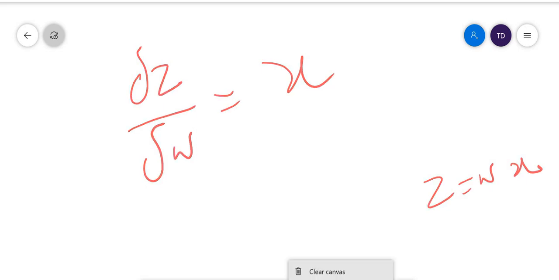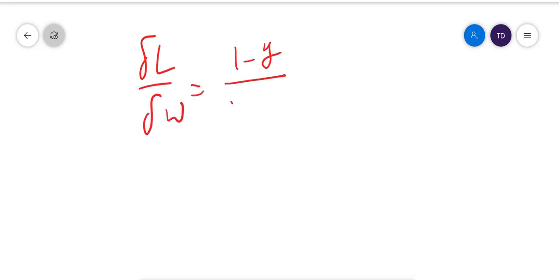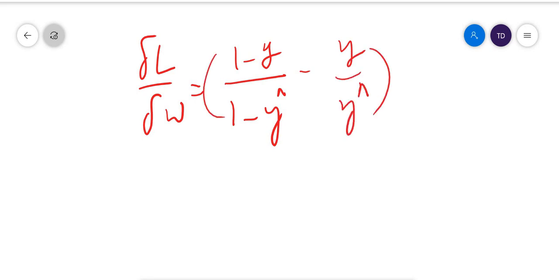Now we will multiply it. So when you multiply it, you can write it like this. Again, I will come to dou L by dou W. It is 1 minus y by 1 minus y cap minus y by y cap into the second term y cap into 1 minus y cap.